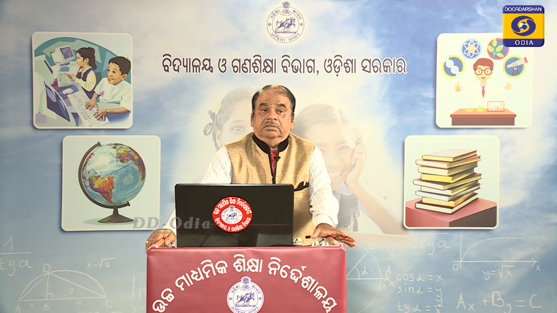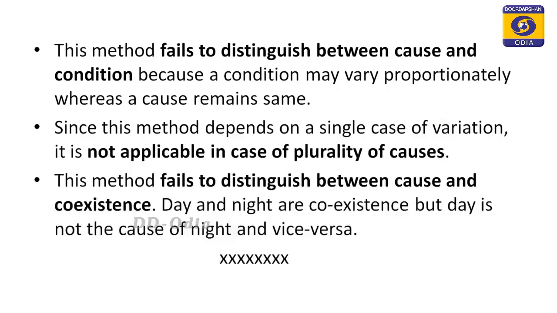And the final disadvantage is that this method fails to distinguish between the cause and coexistence. As you know that coexistence cases are very much there, and if we take the causal relationship into account, there is every possibility that coexistence cases, because of following one another, may be confused as cause.